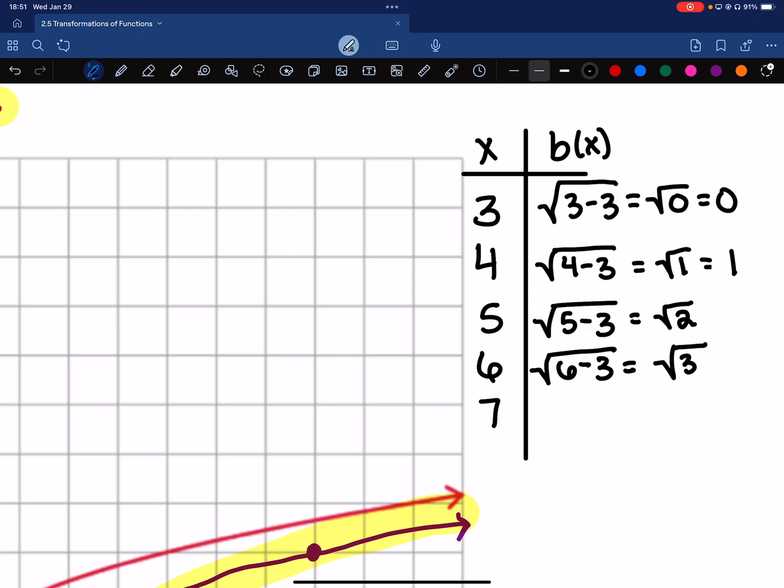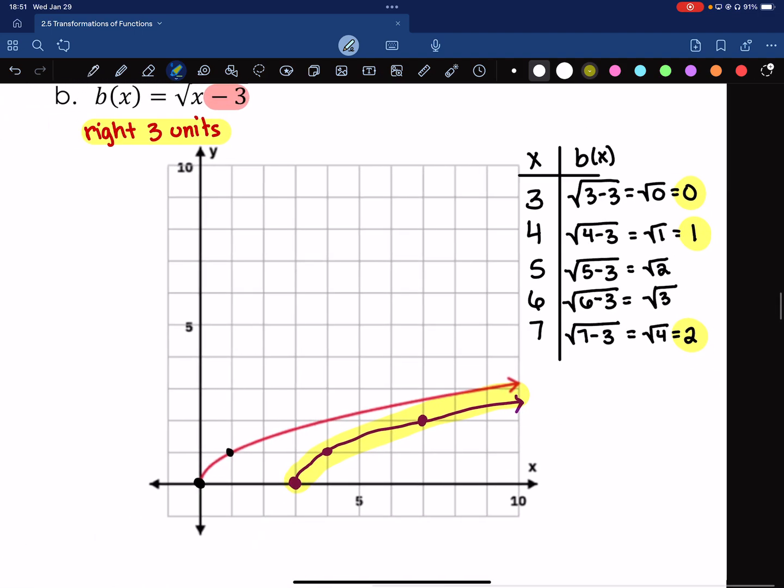But if you plug in 7, then you should get another pretty number. Oops, not 4. And so you would get the square root of 4, which is 2. And so I would only focus on graphing these pretty numbers and not worry about those decimal ones. Because again, you can't really graph decimals exactly.